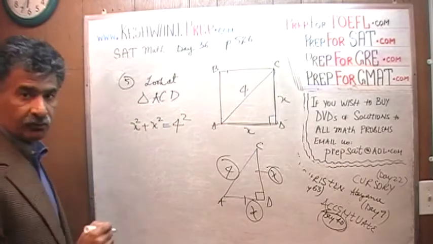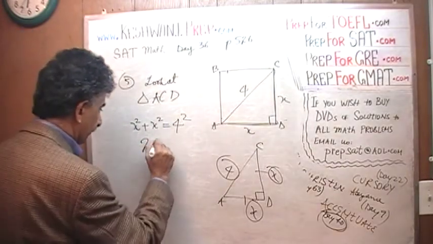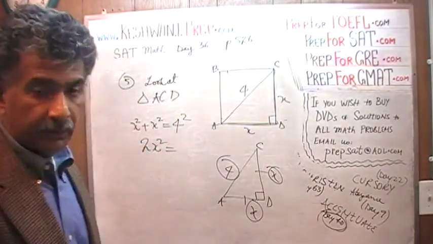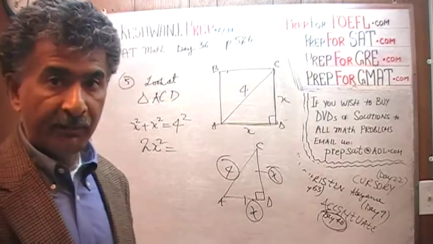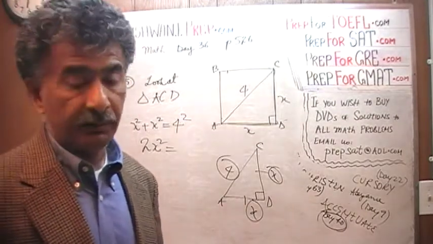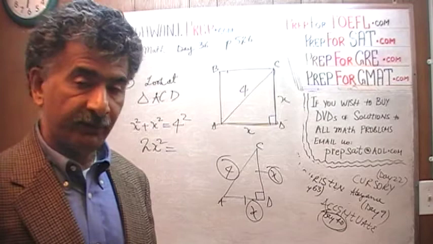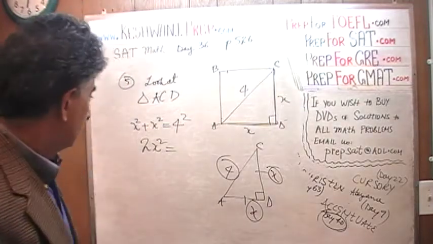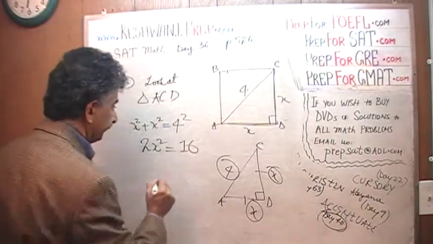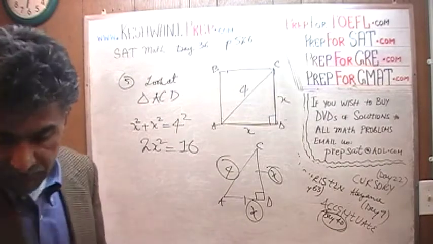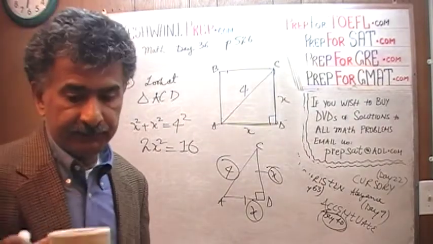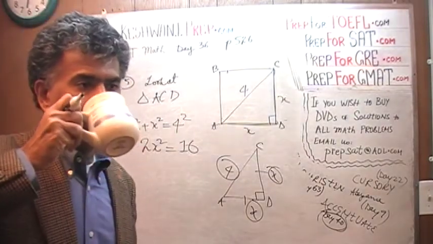X squared plus x squared is just 2x squared. How do I know that? Because I know that if I have an apple, and I have one more apple, then I have 2 apples. So 2x squared equals 16. And you thought it was going to be easy.